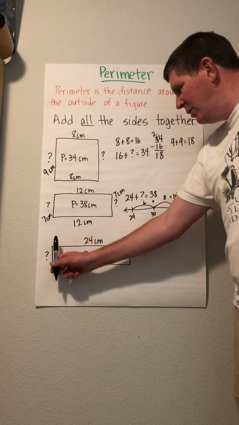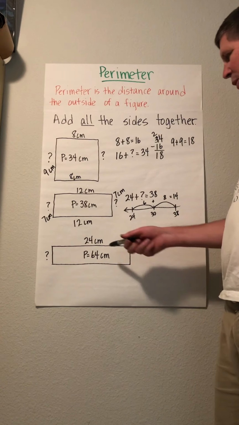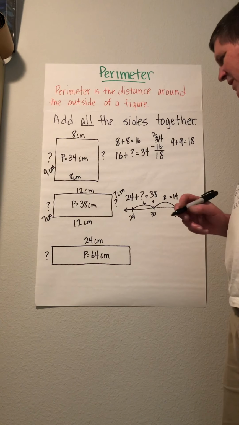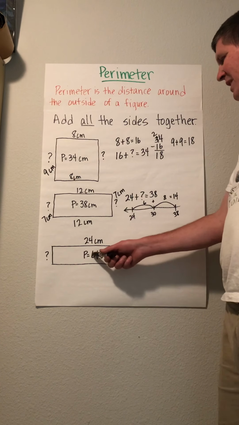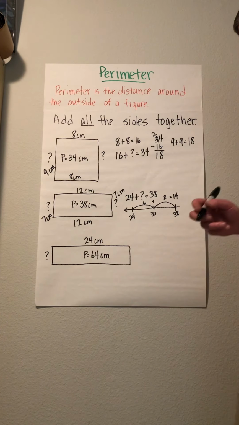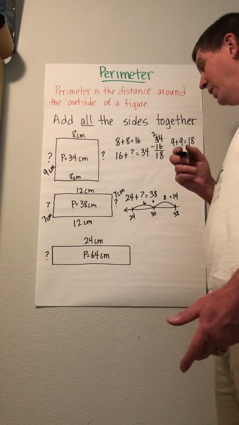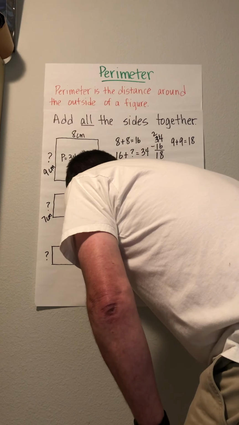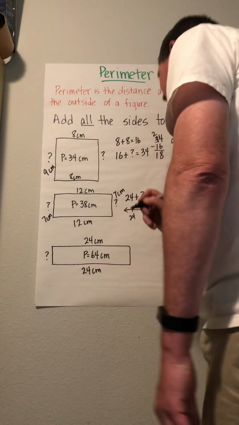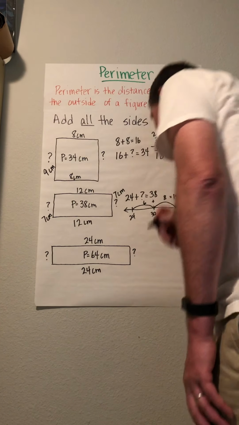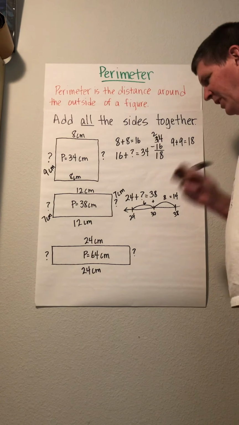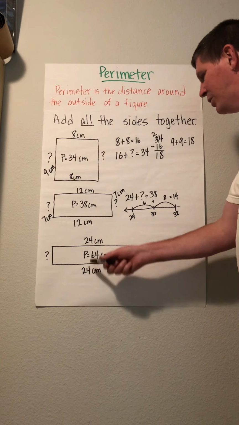We have another rectangle, and if we add this side, plus this side, plus this side, plus this side, it will equal 64 centimeters. Now, what do we know? We know that this side is also 24 centimeters, and we don't know what this side is. So, the first thing I'm going to do is add these two sides.